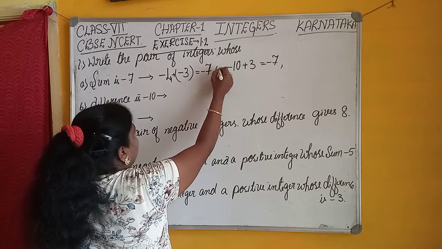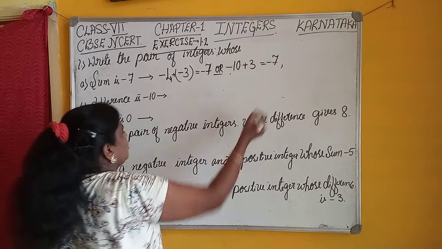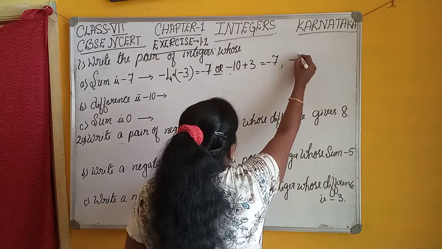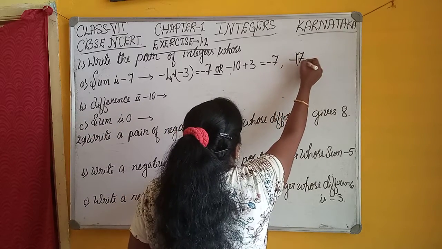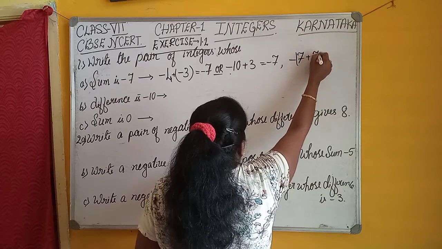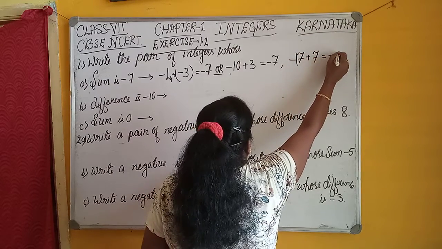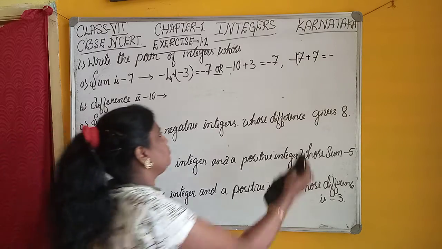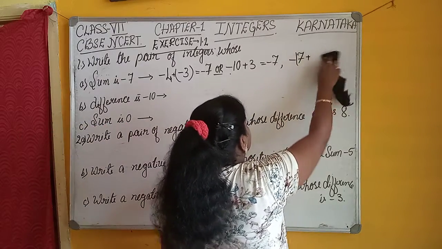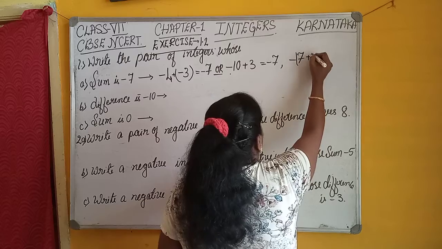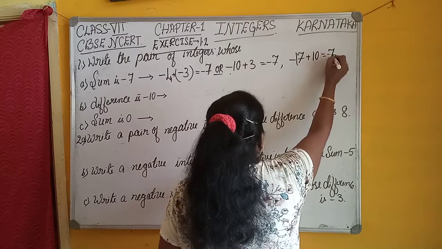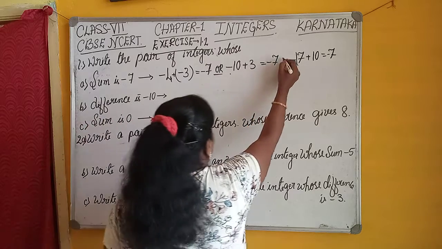In other words, you can write -17 plus 10. If you write this, you will get -7. Like this, any answer you can write.